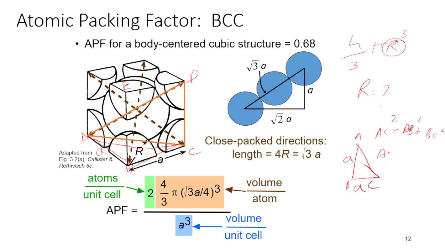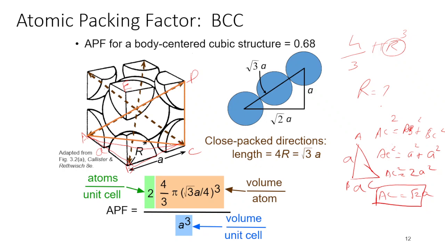AB square is a square, BC square is another a square, the sides. So AC square is 2a square. Then AC is root 2 a.